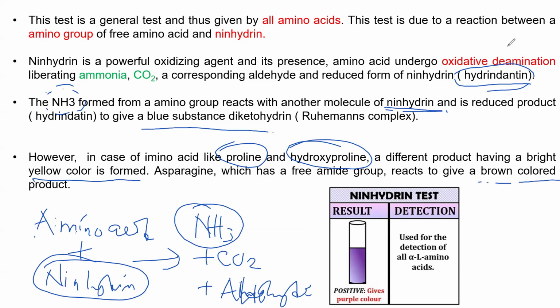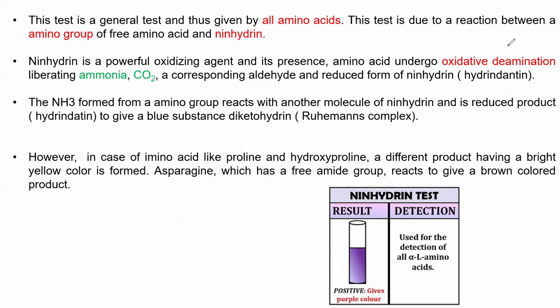Now let's look at the reactions. This is how the color is produced. This is a purple color, which detects that yes, there is amino acid when you observe a purple color. That is for all other amino acids, except for proline, hydroxyproline, and asparagine.